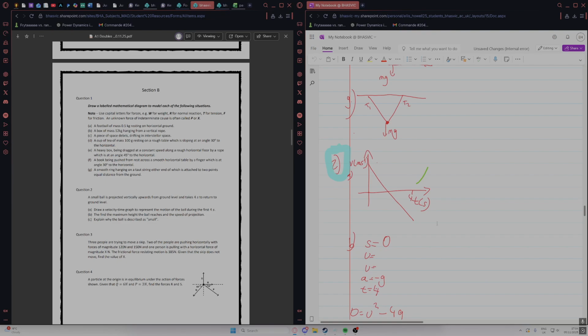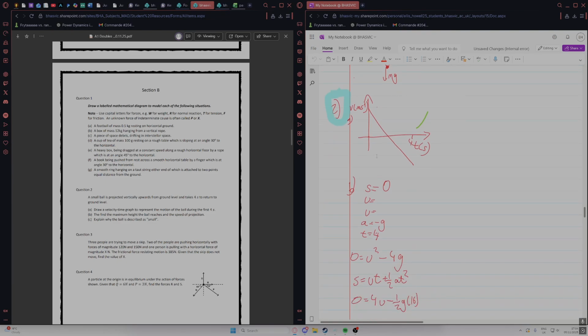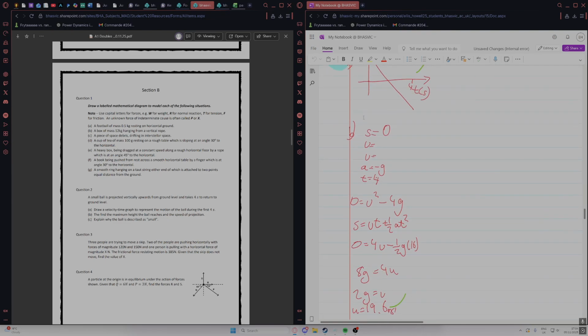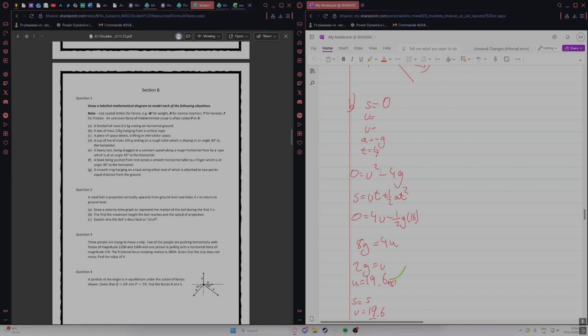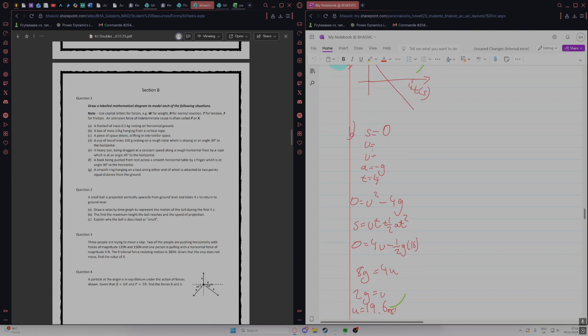It's pretty simple stuff. Then we have some SUVAT, where you're finding the maximum height. Because the total displacement will be 0, the time will be half the time it takes to get to the top.